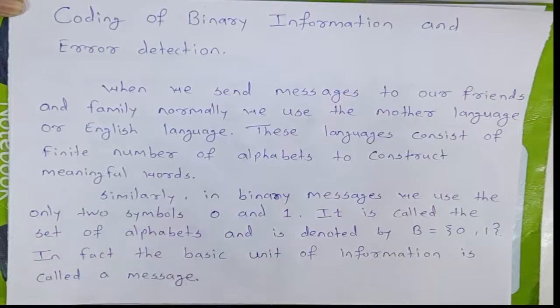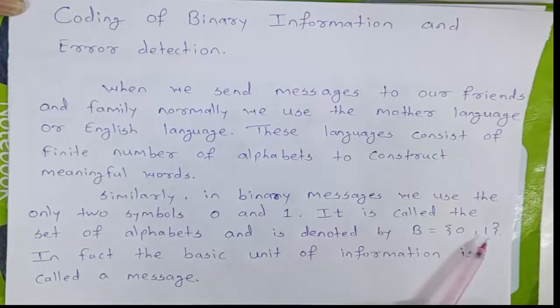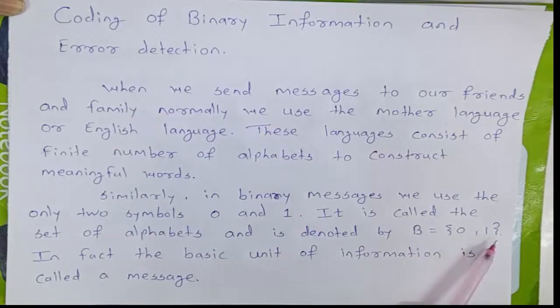Similarly, in binary messages we use the two symbols 0 and 1, called the set of alphabets in binary, denoted by capital B equals the set {0, 1}. The set consists of two elements, or two alphabets, 0 and 1.